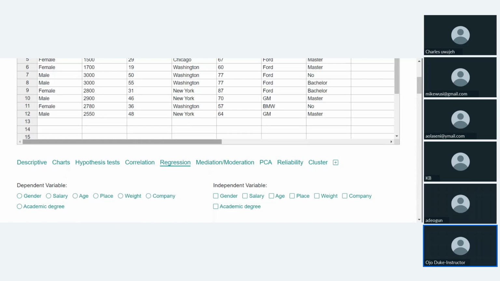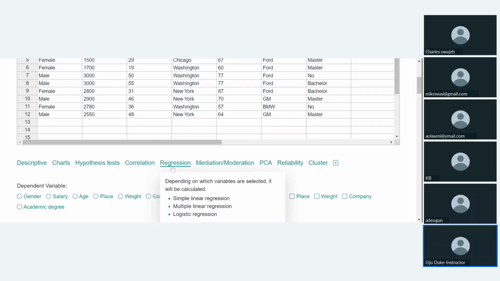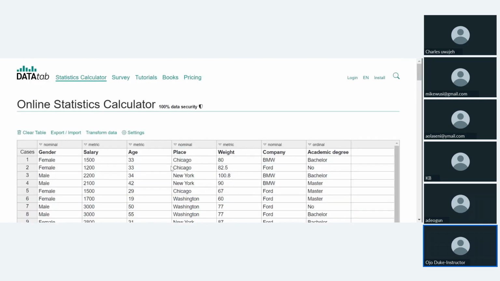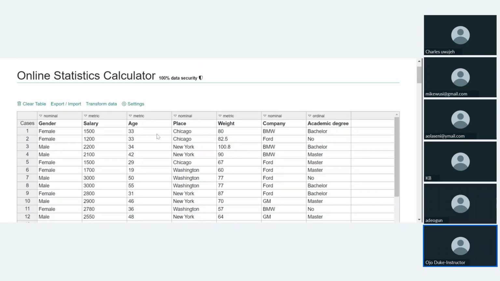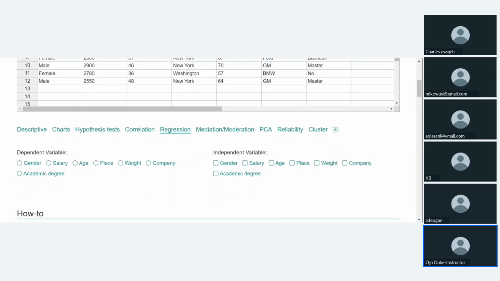So once you perform a regression, a couple of things you can do. This particular site is very good to test some statistical knowledge. So we want to perform a regression. Which of the fields do we want to choose as our dependent or independent variable? Remember, your dependent is your y, and your independent variable is your x. So we want to compare academic degree to salary, for example.